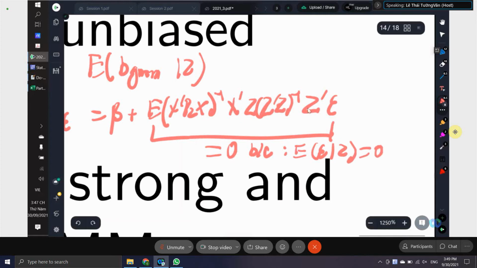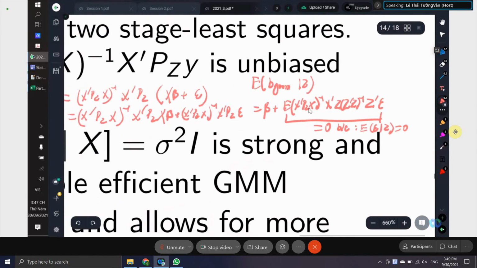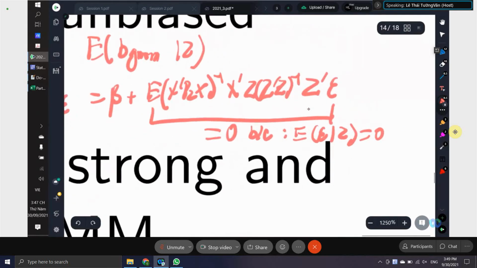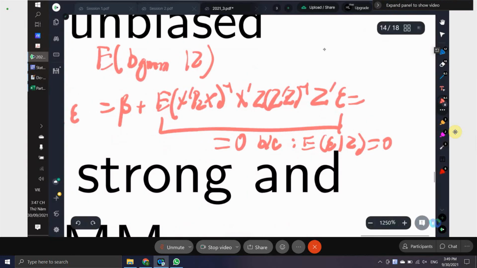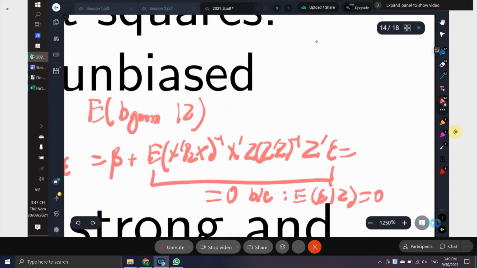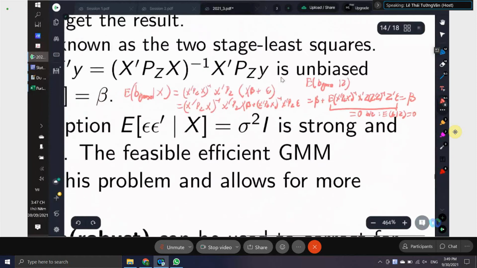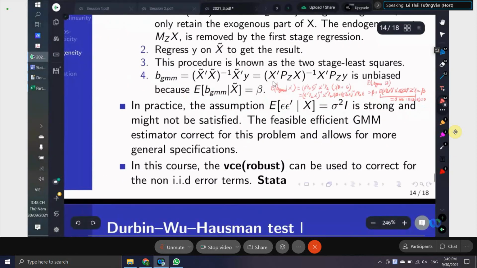So in that way, the expectation of the beta GMM is equal to the true value.